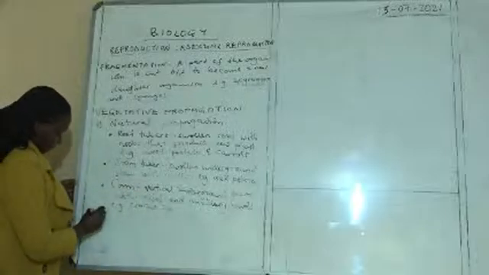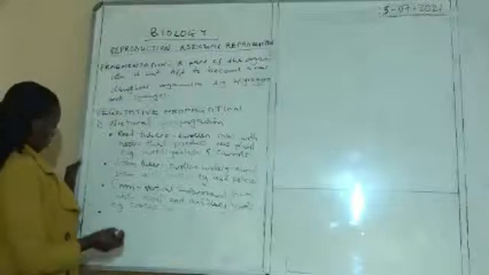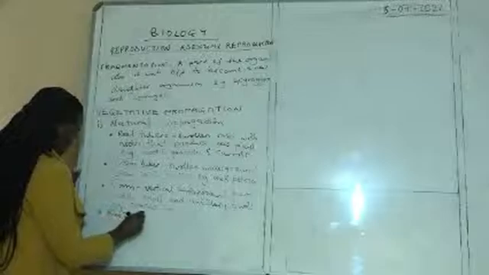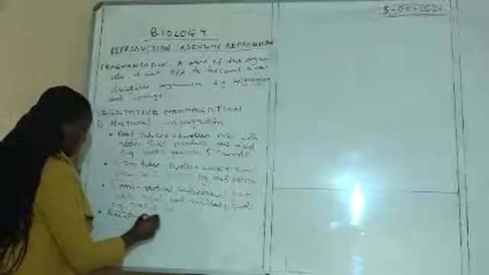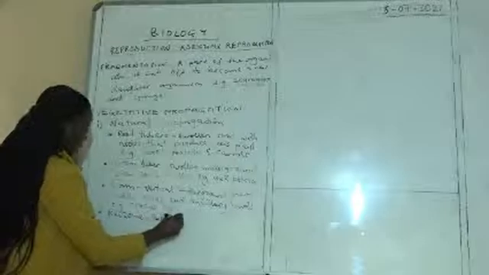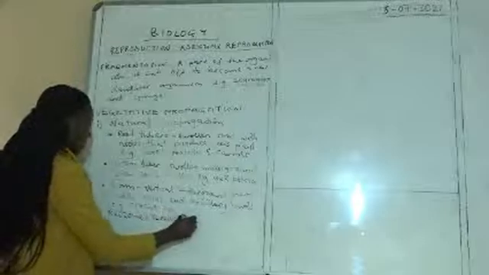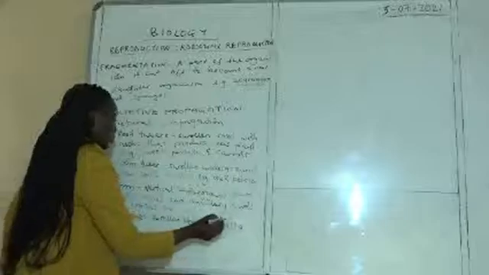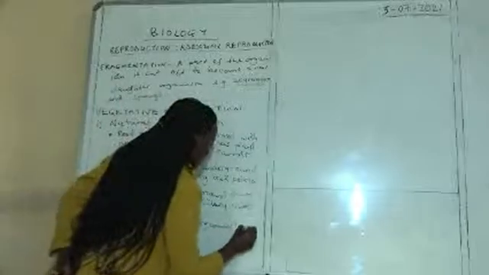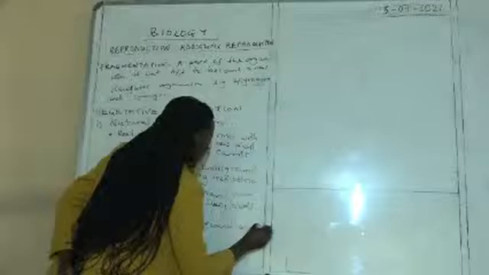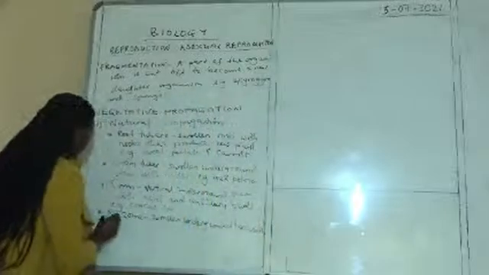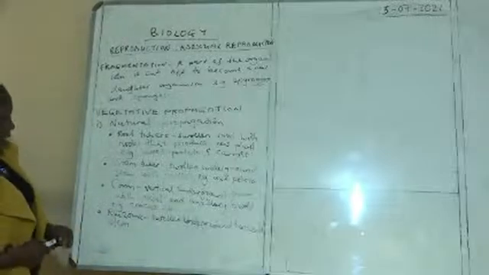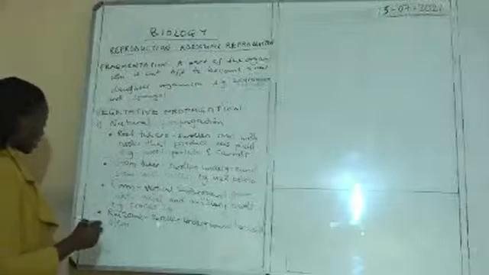The other one we can look at is rhizomes. What is a rhizome? This is also a swollen underground and horizontal stem. So this one is underground but horizontal. Now, this one has buds and adventitious roots.